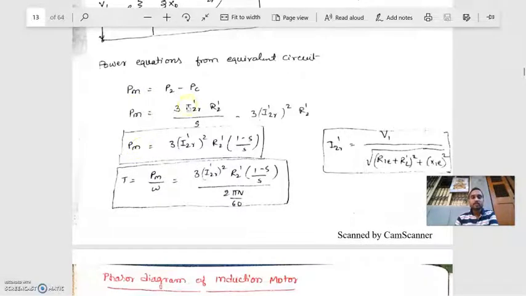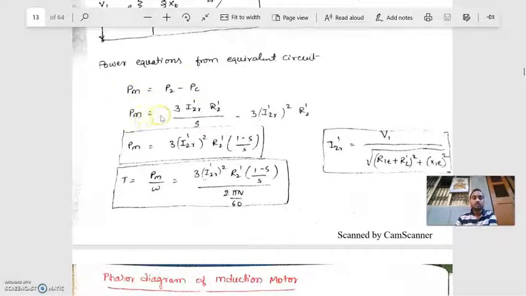The power equations from the equivalent circuit can also be written. PM is the gross mechanical power output developed in the motor, given by P2, the rotor input, minus the copper losses occurring in the rotor. This gives the gross mechanical power developed.